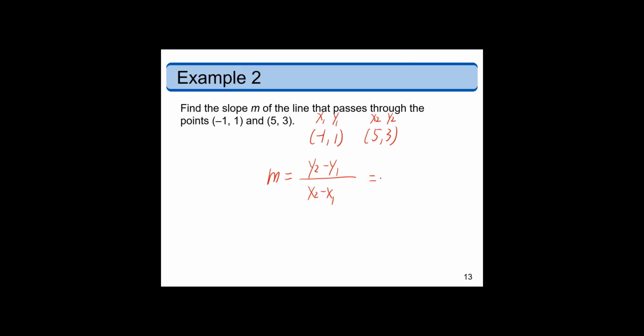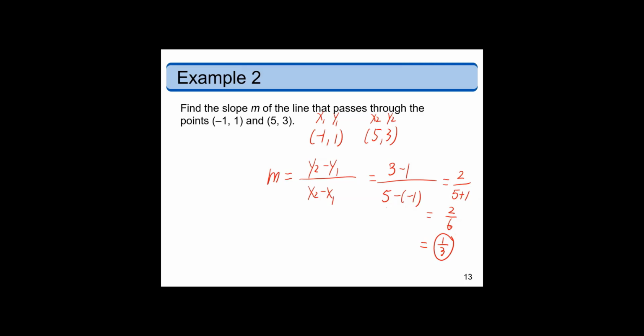We call this the slope formula. Using the slope formula, replace the variables with the given numbers. So y2 is 3, y1 is 1, x2 is 5, x1 is -1. We end up with 2/6. On the bottom, 5 minus -1 becomes 5 plus 1, which is 6. 2/6 simplifies to 1/3.